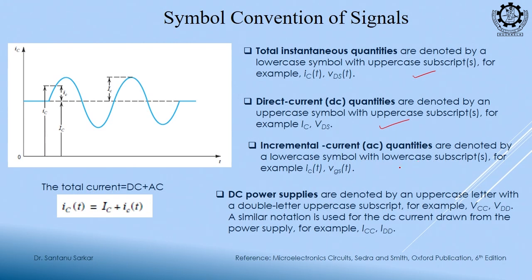Incremental quantities use a lowercase symbol with a lowercase subscript. Another important one is what I was saying about VCC and VDD. This defines them. It is a double-letter uppercase subscript. For a voltage source connected to the collector, we use double C, VCC. Voltage connected to the drain terminal, VD, we make it double, VDD, and the current ICC.